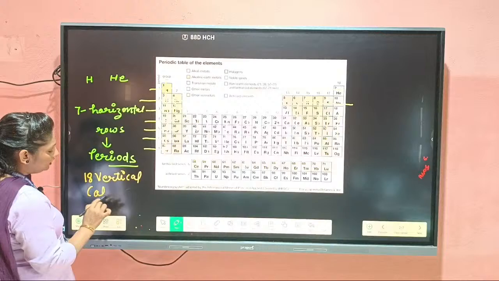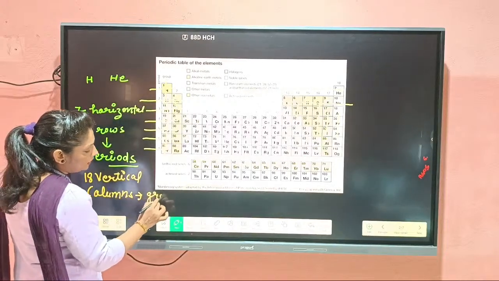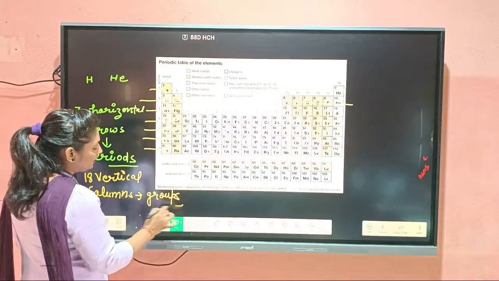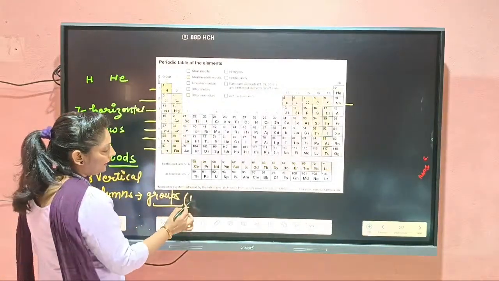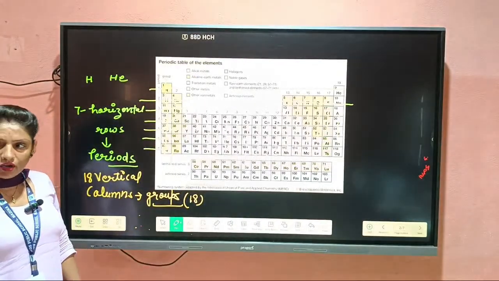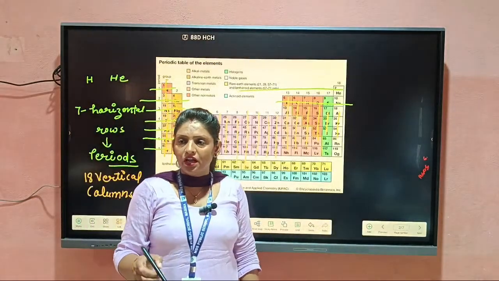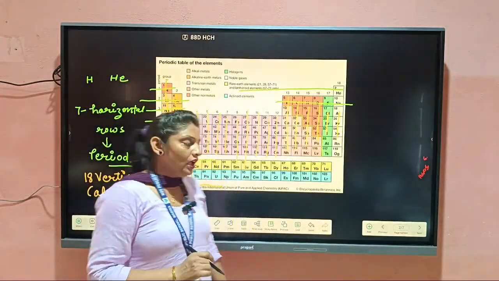And these vertical columns are known as the groups. So we can say there are 18 groups in the modern periodic table. But according to Mendeleev, how many groups were there? 8 groups.